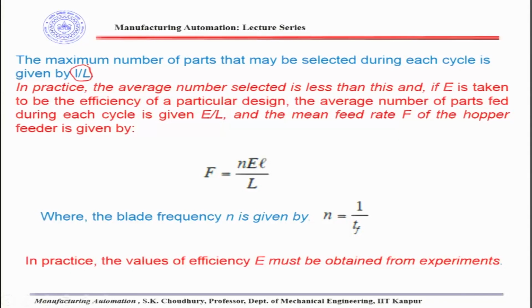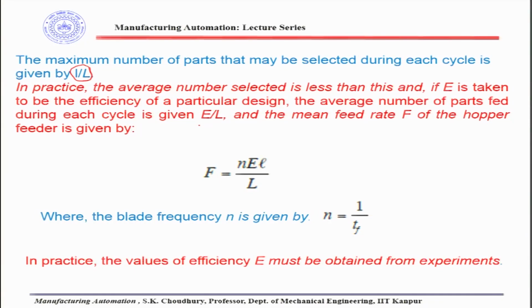Therefore, there is a concept of the efficiency of the bowl feeder, and that efficiency can be experimentally measured. Any bowl feeder that you are selecting or designing has to be run several times to see how many parts on average come onto the track, because small l by capital L is the maximum number of parts, when the track is filled with parts, but not all the time will the track be filled up.